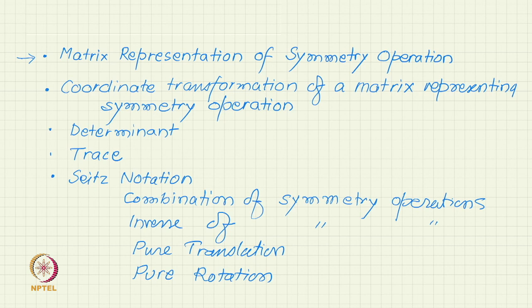But one algebraic method of representing them: because each symmetry operation is a mapping, meaning it takes points from one position to another position, that operation or mapping can be represented by a matrix, and we will look at how that is done.